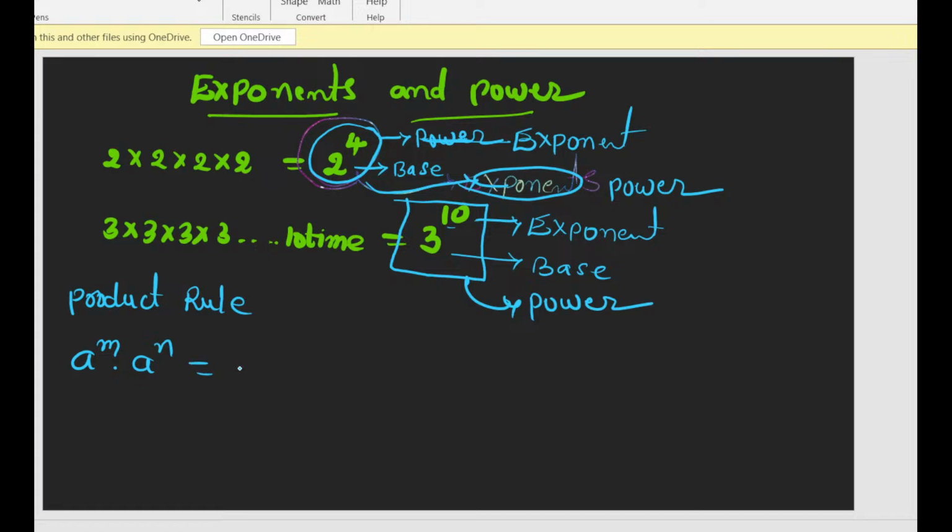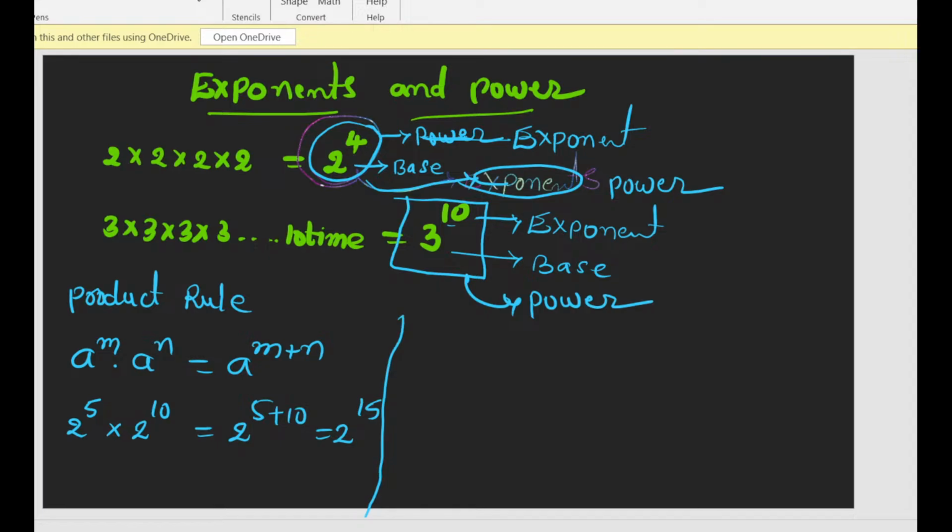When the bases are the same, we have to add the exponents, so it is the product rule. For example, 2 power 5 into 2 power 10, then what is the result? It is 2 power 5 plus 10, you are getting 2 power 15.